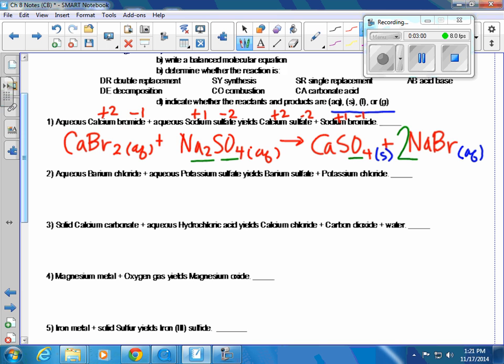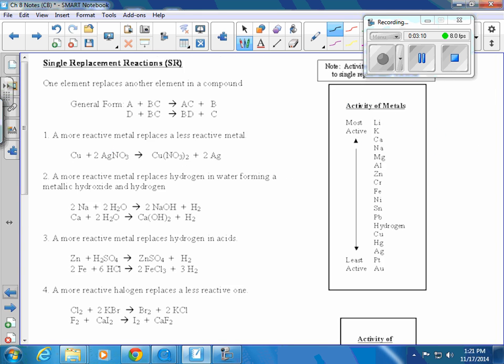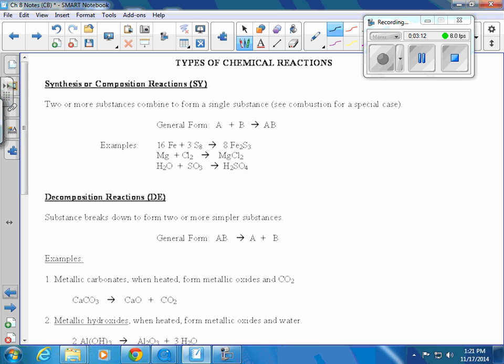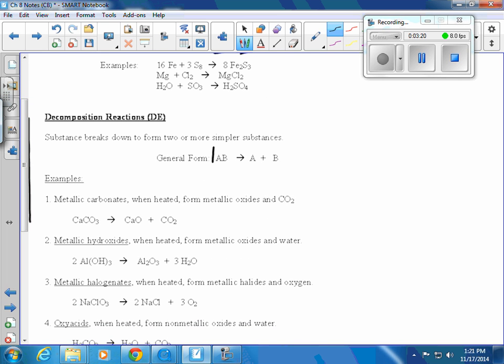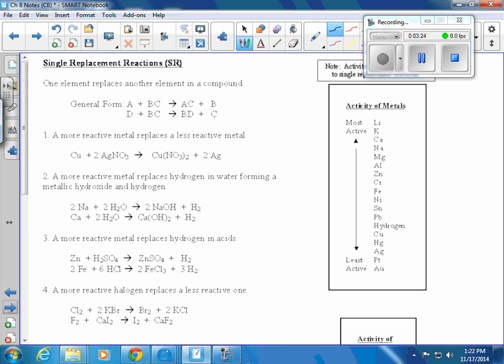Now I have to determine what type of compound I have. And if I take a look at this, you should recognize that this is a compound plus a compound. So if I start at the beginning and walk you through, compound plus compound. Well, this is single plus single. That's not going to work. Decomposition, I have a single compound breaking down. That is not going to work.